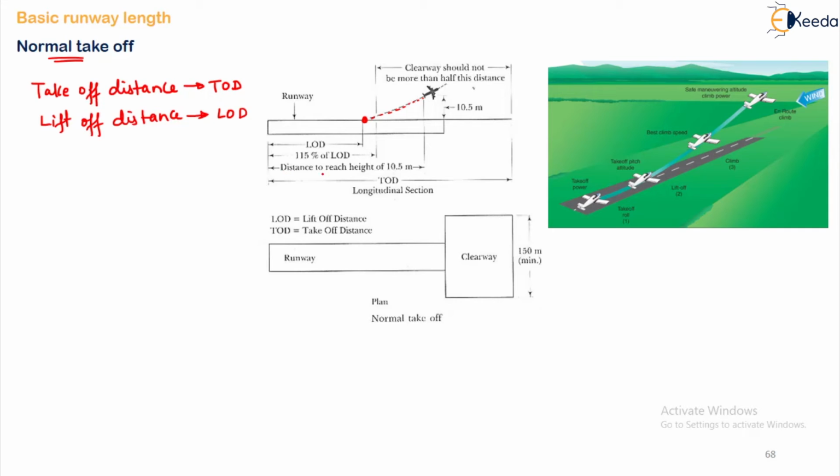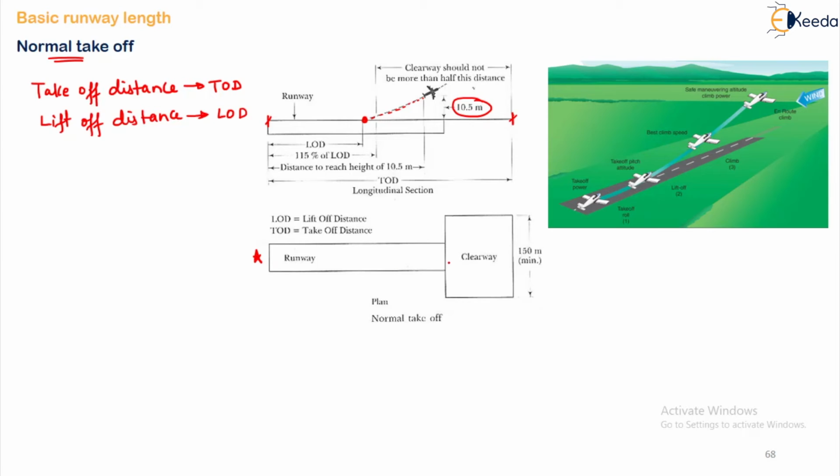Then there is a distance for an aircraft to reach a height of 10.5 meters here. From 115% of LOD till here, the clearway should not be more than half of this distance. Till here, this one is known as your takeoff distance. If you observe in this diagram, it is very clear.